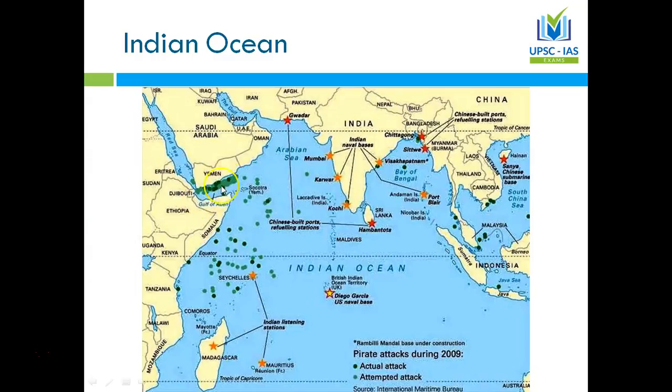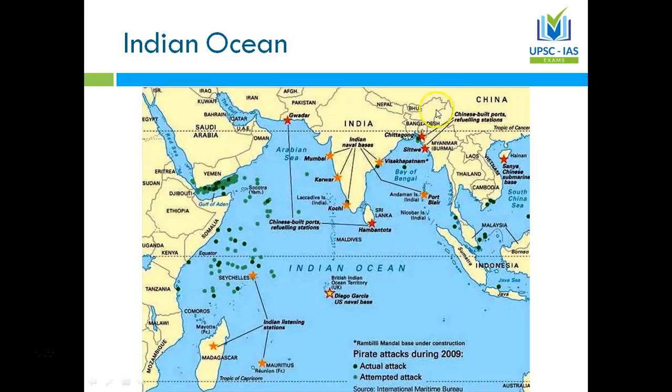See, these are the places where piracy attacks, actual attacks took place, and some of the places where attempted attacks took place. Then the red star here points out the Chinese ships refueling stations. See the way China is making a string of pearls.